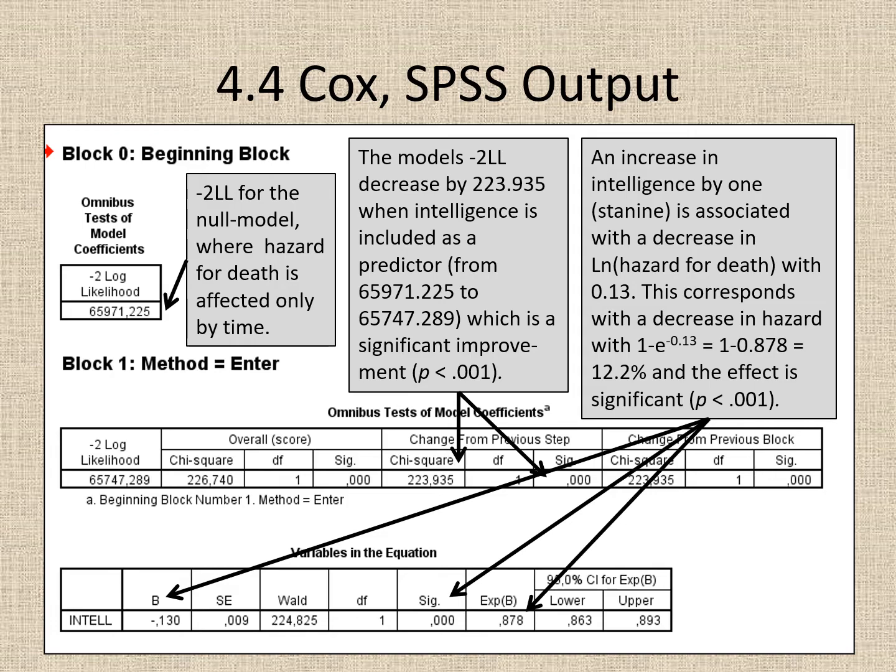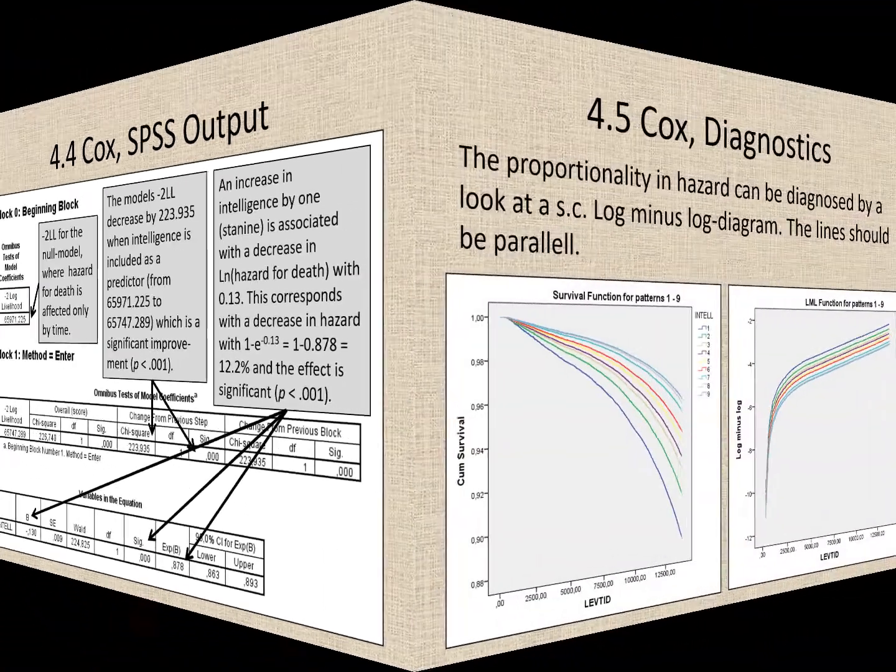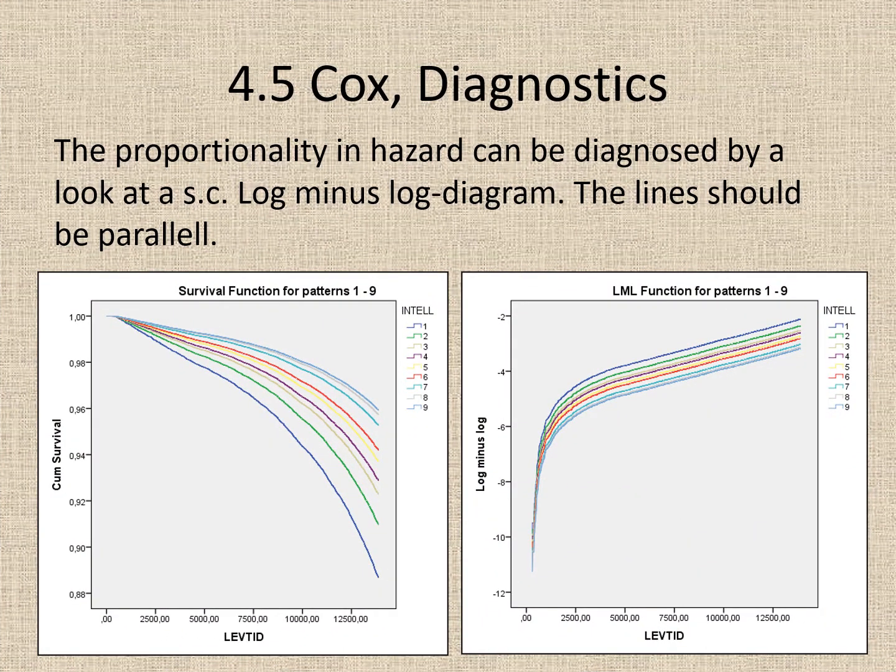And we can check for that by having a look at something called a log minus log plot. Don't ask me exactly what it is. I tried to look it up. I guess if we put some time into it, we could figure out exactly what the values stand for.